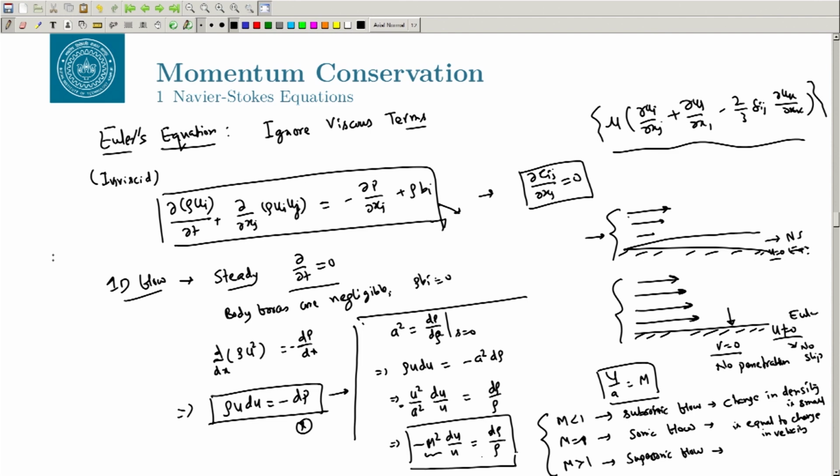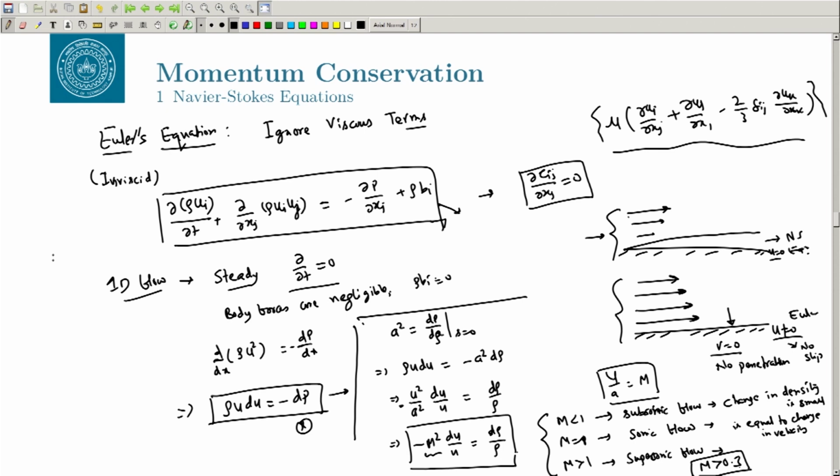In fact, the general thumb rule is that when the Mach number is greater than 0.3, the change in density, d rho by rho, is more than 5%, and because of that you cannot ignore compressibility, and you have to use the compressible Navier-Stokes equations.